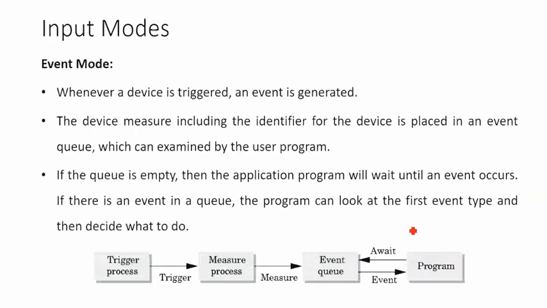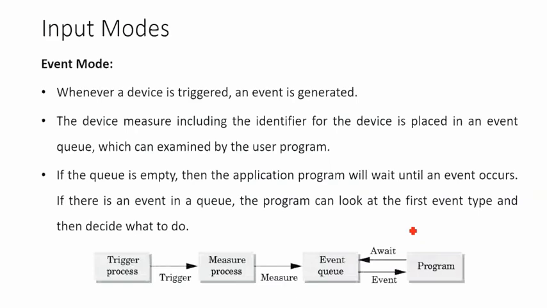Similarly, when I press a button on the keyboard, the measure will be captured and enqueued in the event queue. The user program would be written in such a way that it can handle that measure. So it reads that measure and acts on the input read from the event queue.